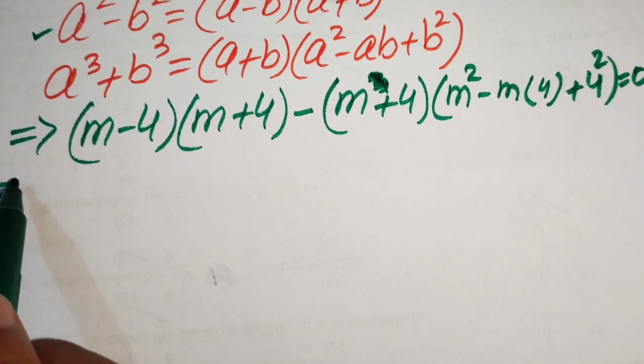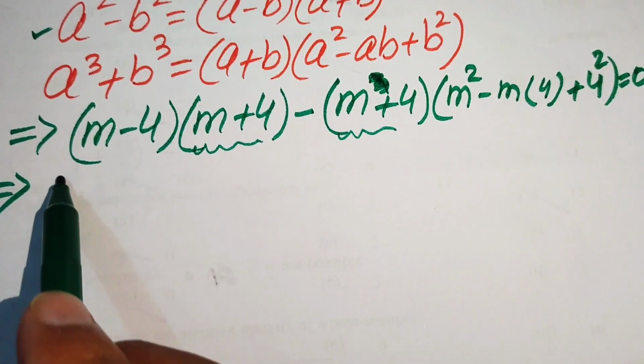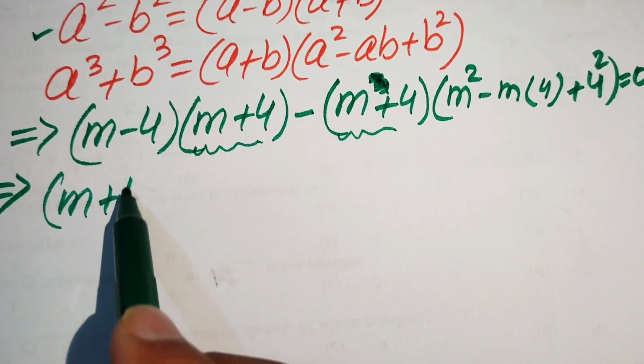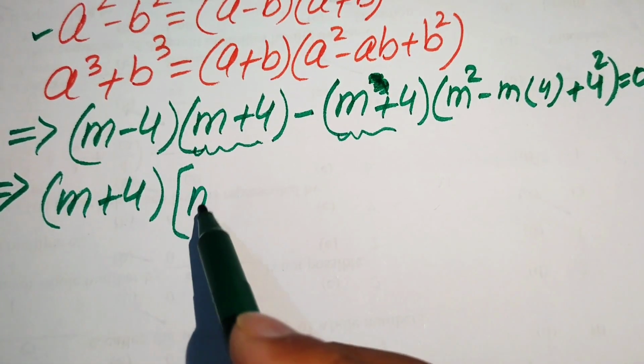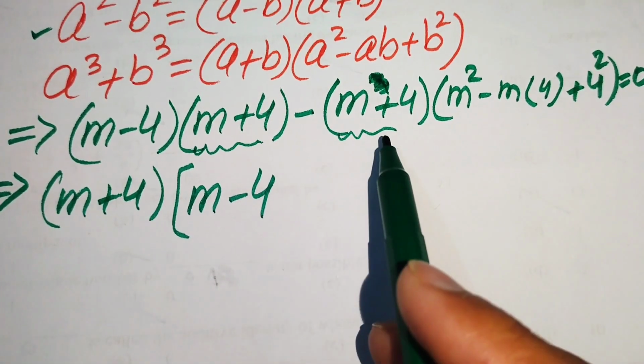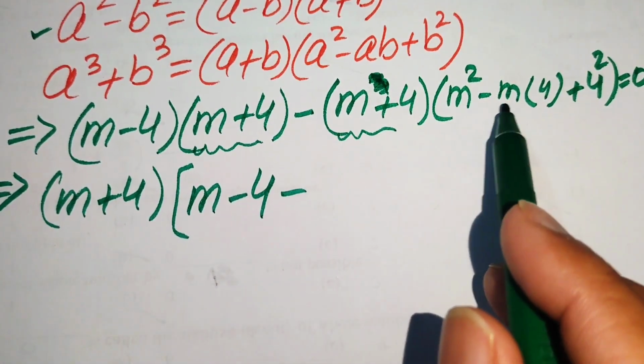Now you see we have m plus 4 as the common term, so we take common m plus 4, and the remaining terms are m minus 4, and minus times m² and this term.